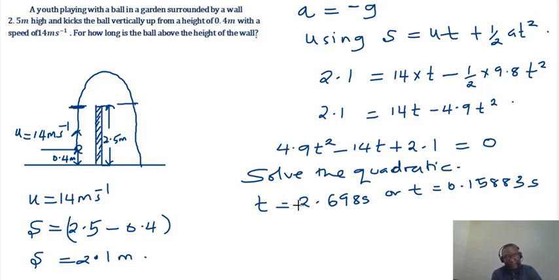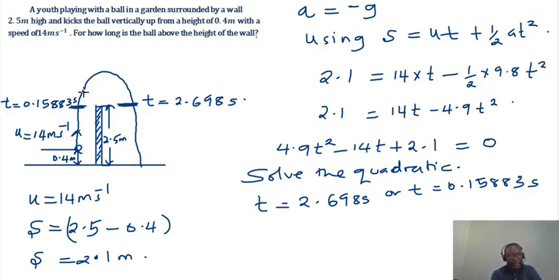Now, this implies that the time taken for this ball to be at this height first is going to be equal to t here is 0.15883 seconds. Then to be again at this very height here, the time taken there will be 2.698 seconds. The question demands us to find how long the ball is above the height of the wall.